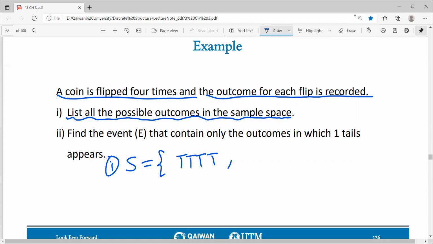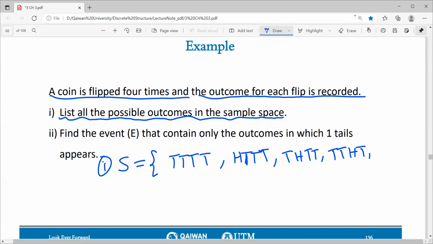The first time we get head, and the other 3 times, I mean the second, third, and 4th times, we get tail. Here we get head, tail, tail, tail. Then if the second time we get head: tail, head, tail, tail. Then if the third time you get head: tail, tail, head, tail. If the 4th time we get head: tail, tail, tail, head.